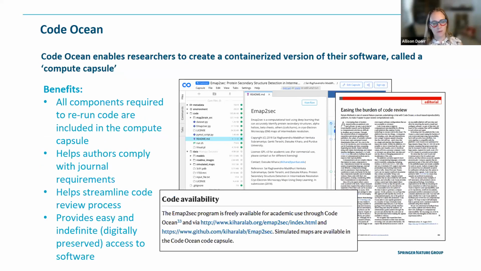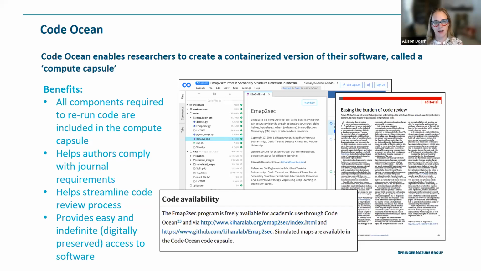Very briefly, I will talk a little bit about CodeOcean. So this is a company that we at Nature Methods and also several other nature research journals partner with, an external company, and they provide a very nice service that helps authors build a containerized version of their software. This is called a compute capsule.